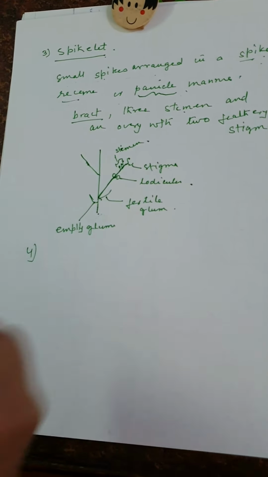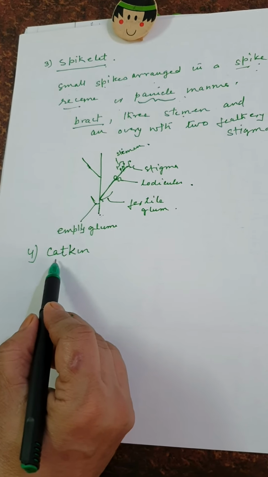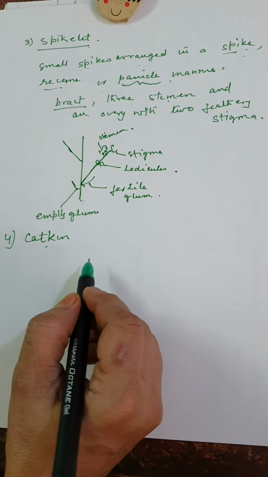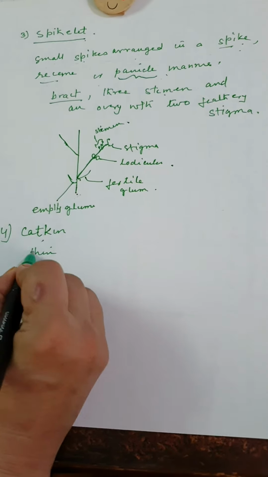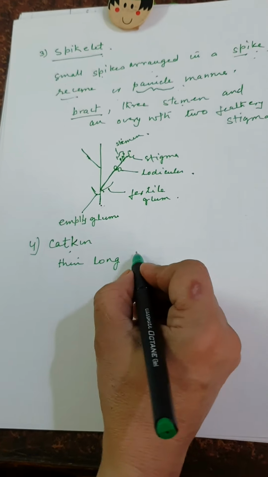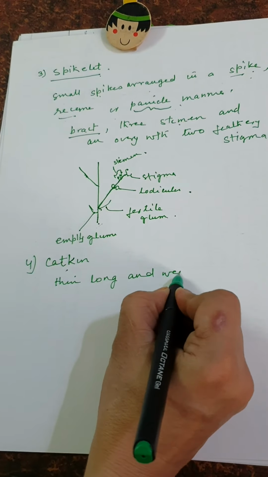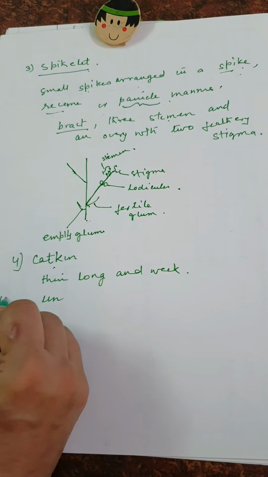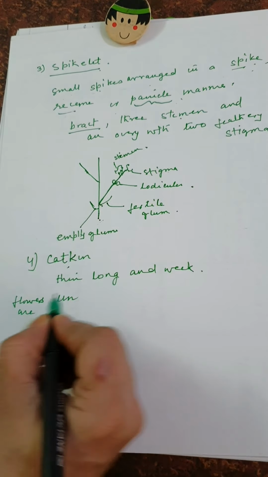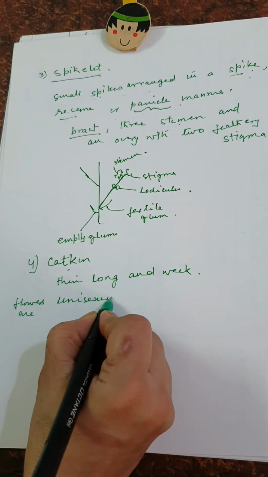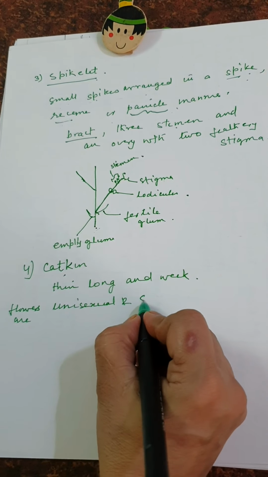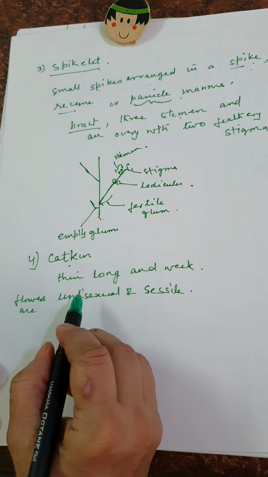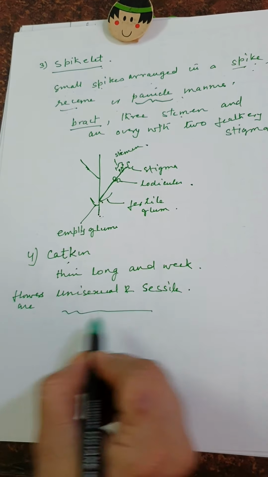Fourth, another type of inflorescence is catkin. In catkin, the peduncle is thin, long and weak. The flowers are sessile and unisexual. That means this type of inflorescence is found on a hanging branch.